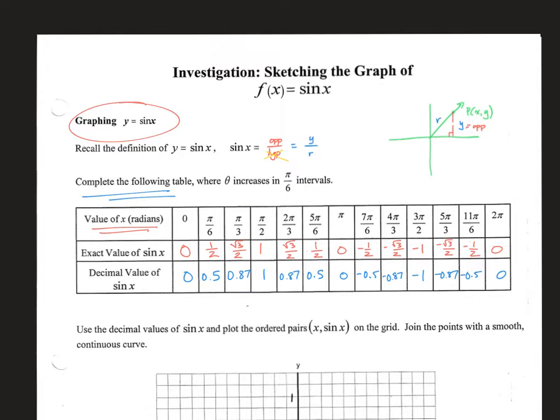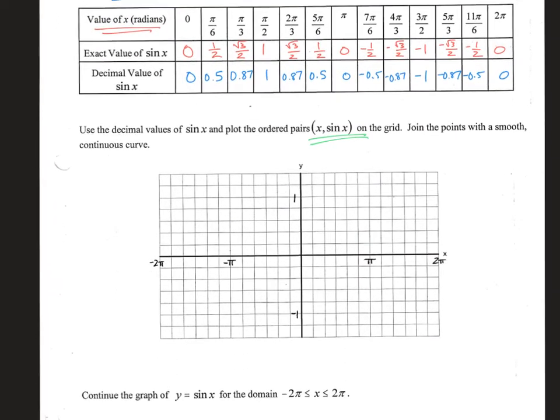If we fill in those values, we should come to a table of values that looks like this. When we look at the instructions on the next part of the page, we're going to use the decimal values of sine x to plot our points, x and the value of sine x, on that grid. I'm just going to slide up our screen, and we should be able to plot all of those points.